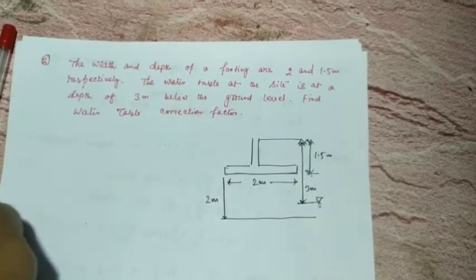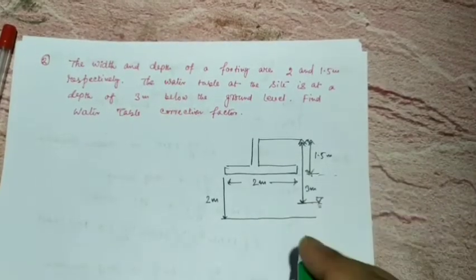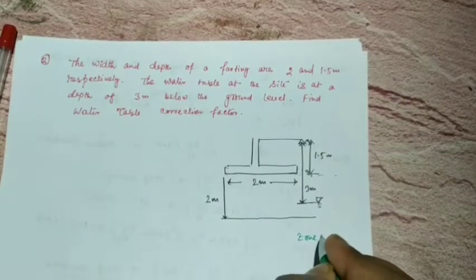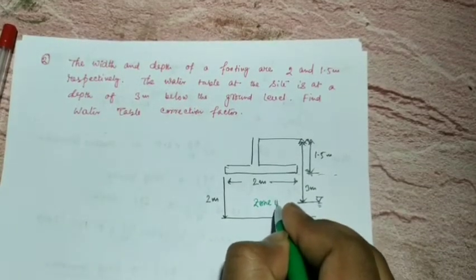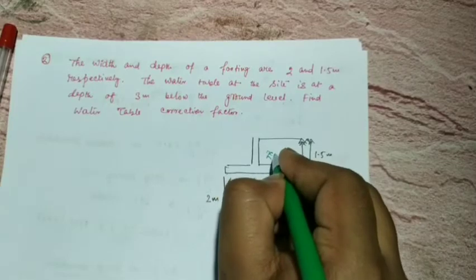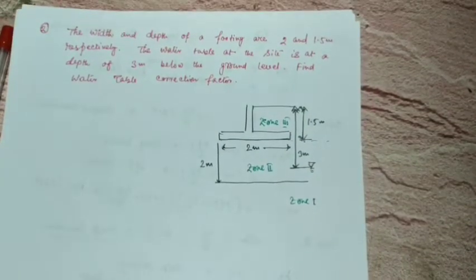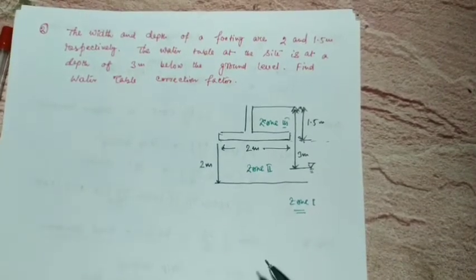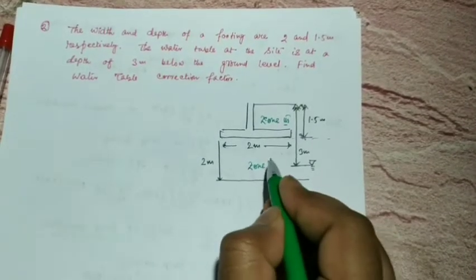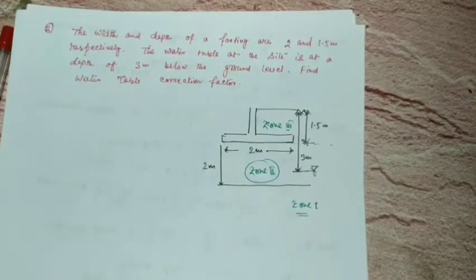So in my last lecture I have told you this is zone 1, this is zone 2, and this is zone 3. So if the water table is present in zone 1, then there will be no changes, but if the water table is present in zone 2, then there will be a change in the third term.